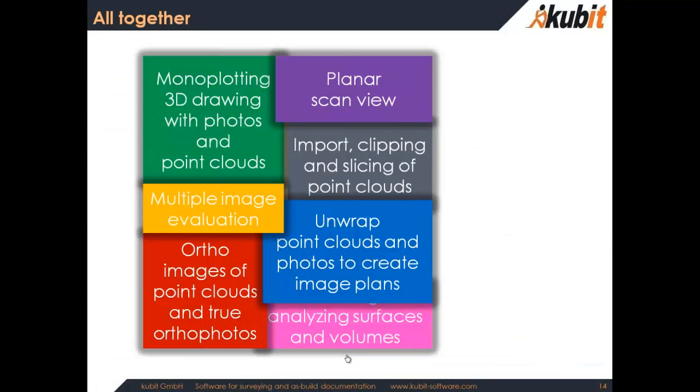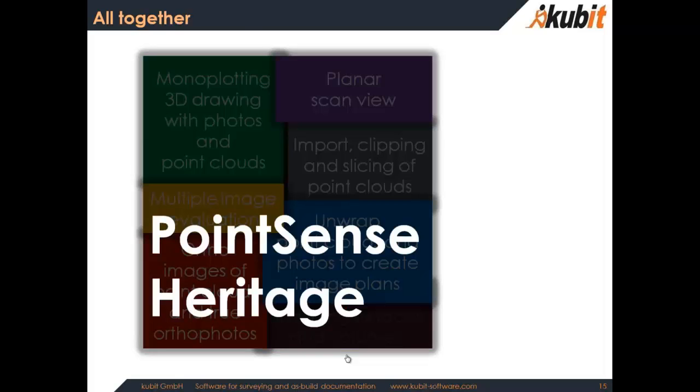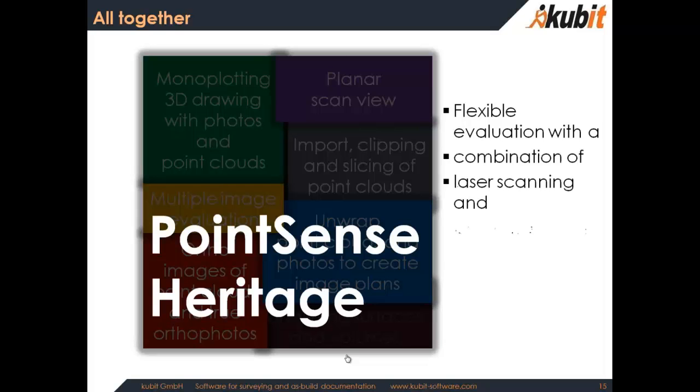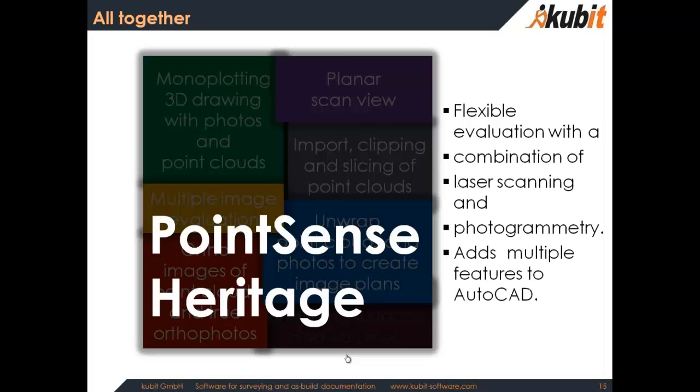So all these features together are inside the PointSense Heritage package, which helps you with flexible evaluation with a combination of laser scanning and photogrammetry in one package. PointSense Heritage adds multiple features to your familiar AutoCAD interface.